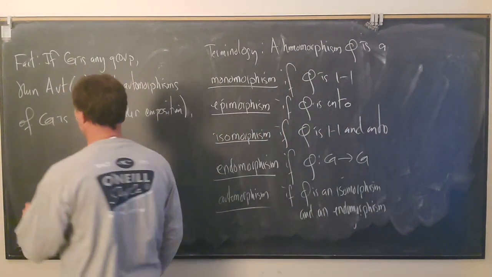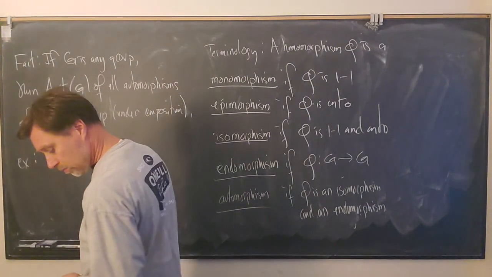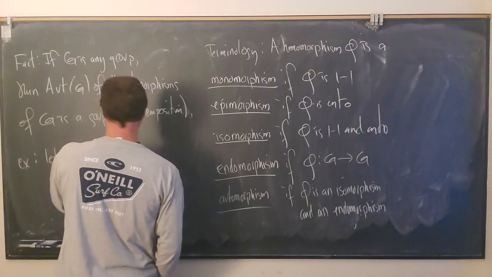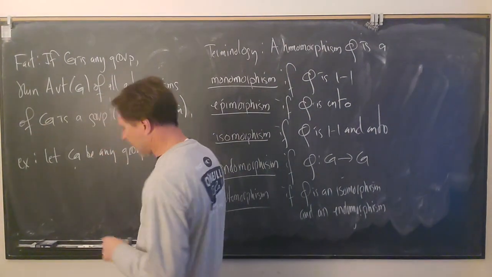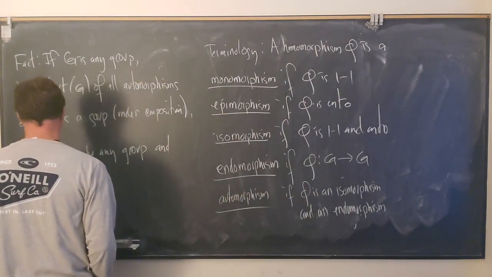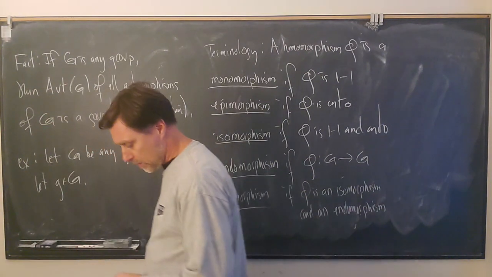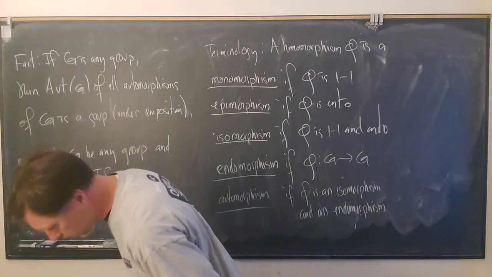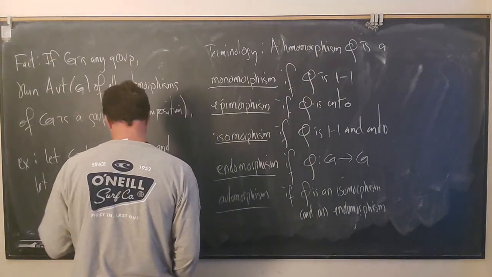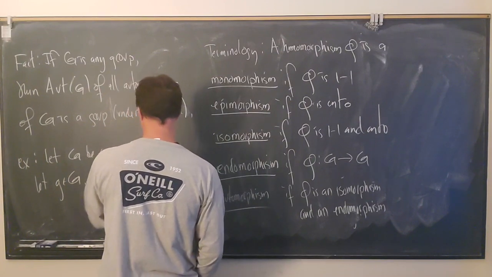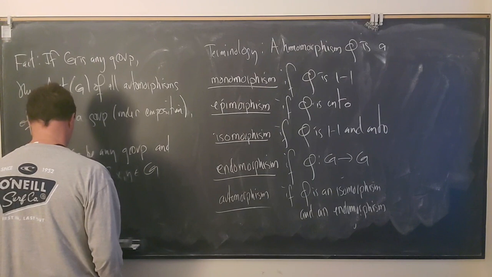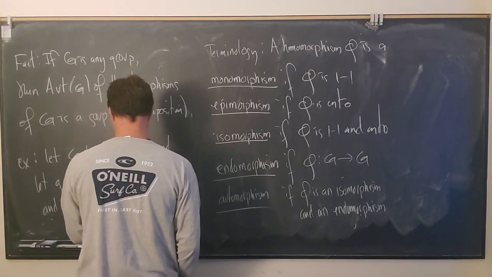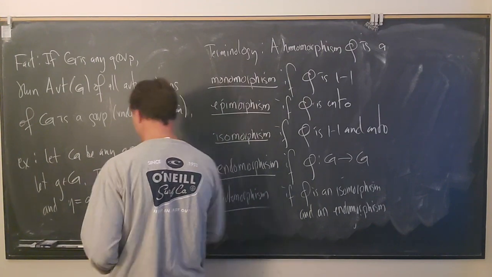And let's end with this example right here. So let G be any group, and let little g be an element of capital G. Now, if X and Y are in G, and Y is equal to g X g inverse, then X and Y are called conjugate.